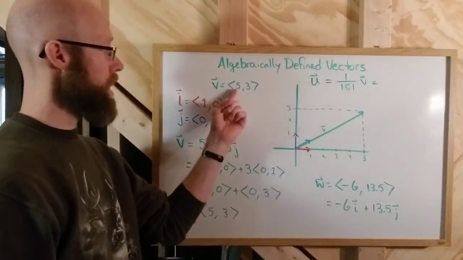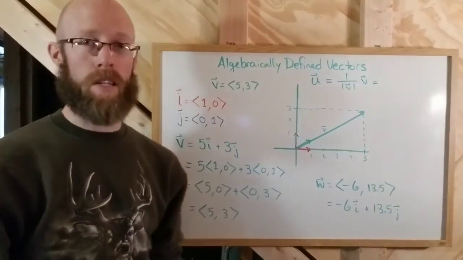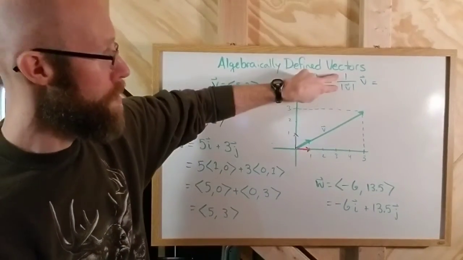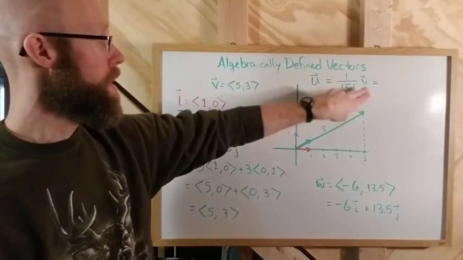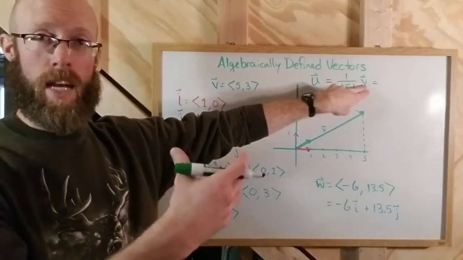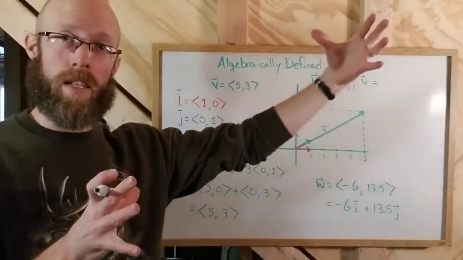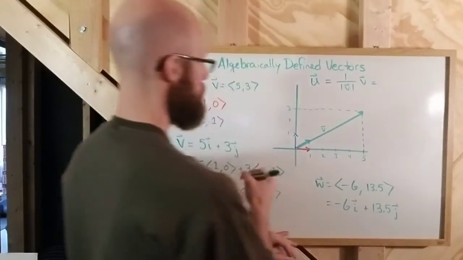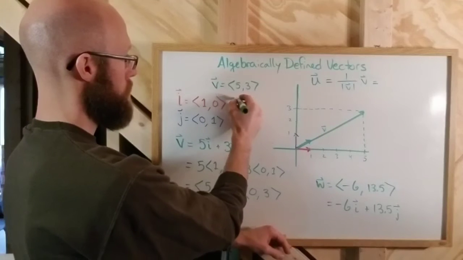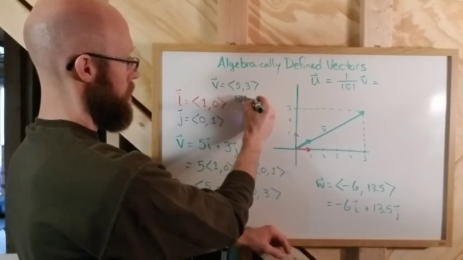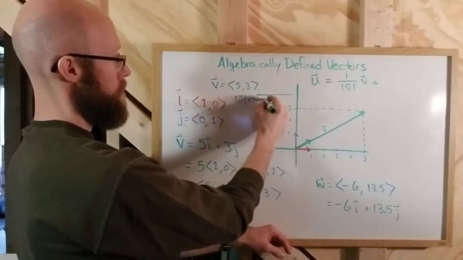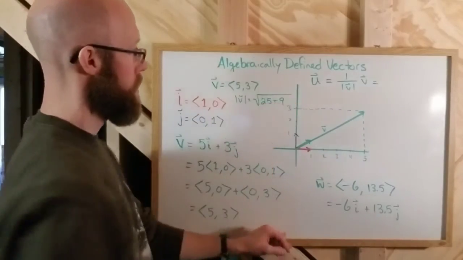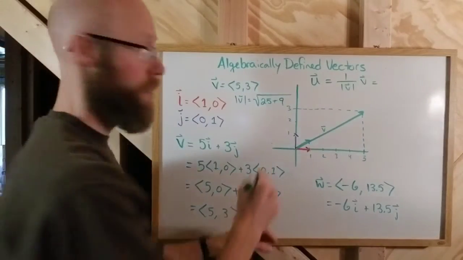Okay. In other words, I'd be dividing each of the components by the magnitude, right? 1 over the magnitude is a constant. The vector is a constant times a vector, so you're basically taking a length and scaling it down by 1 over the magnitude of v. The magnitude of this vector is the square root of the sum of the squares. That's 25 plus 9, which is the square root of 34.